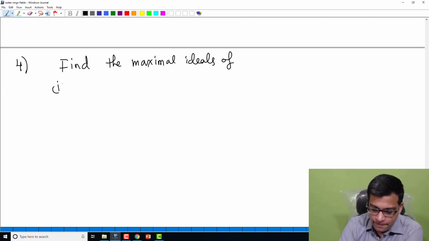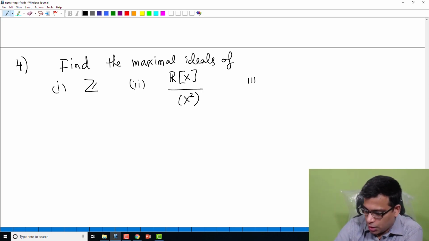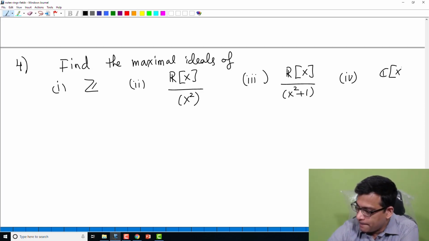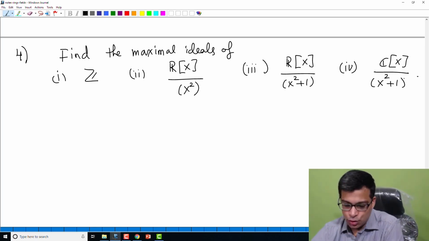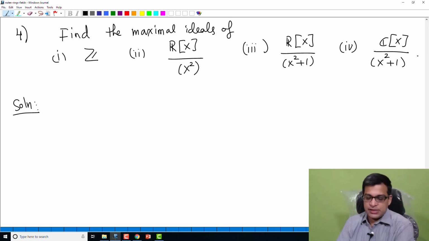So 1, Z, 2, the quotient ring R[x] mod x squared, the ring R[x] mod x squared plus 1, and finally the ring C[x] mod x squared plus 1. Okay, so there are 4 rings here. I want to find the maximal ideals of this.